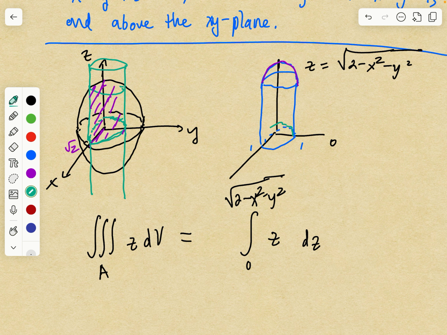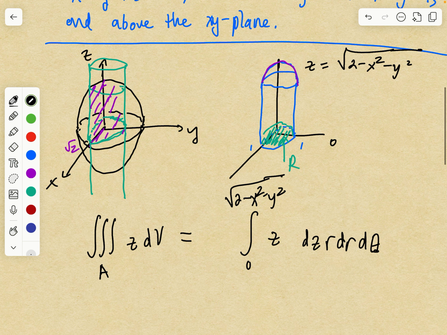So it's this circular region R. To set up the bounds for that, we should use polar coordinates. So we have r dr d theta, and then r goes from 0 to 1, and theta goes from 0 to 2 pi.